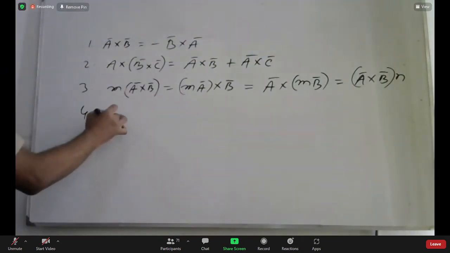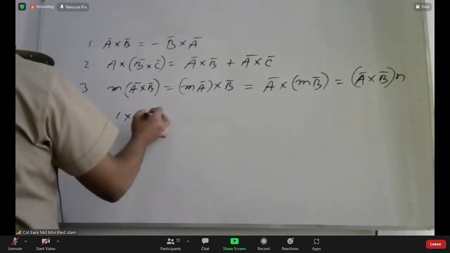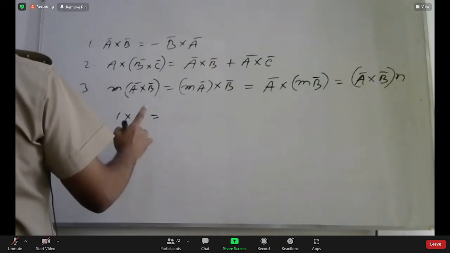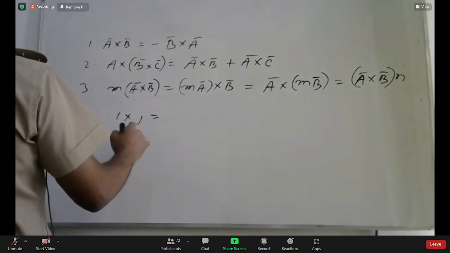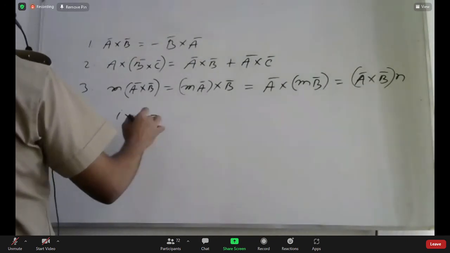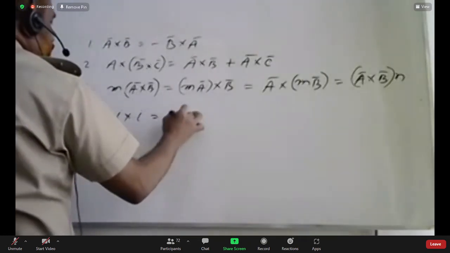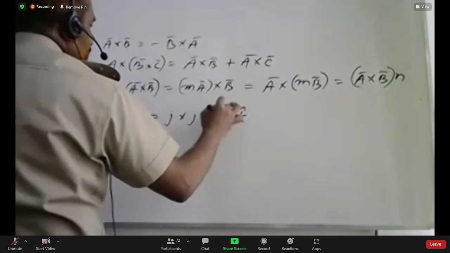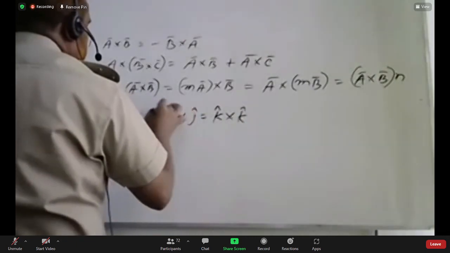Also, I cross J is equal to K. I cross J, okay, I will write it later on. I cross I is equal to what? J cross J is equal to K cross K, and this is equal to 0.